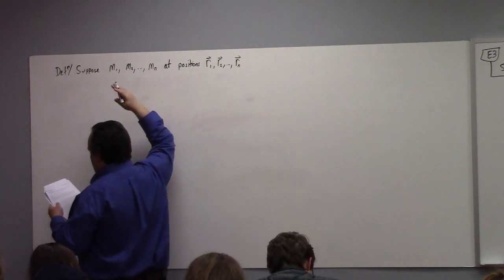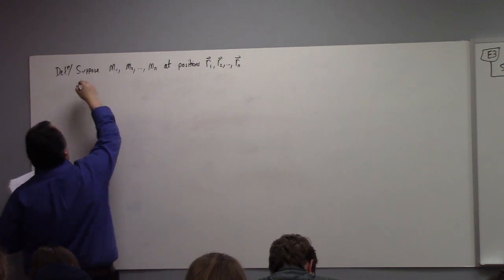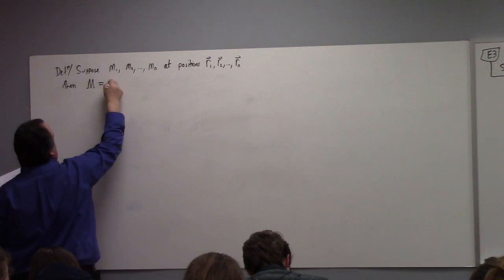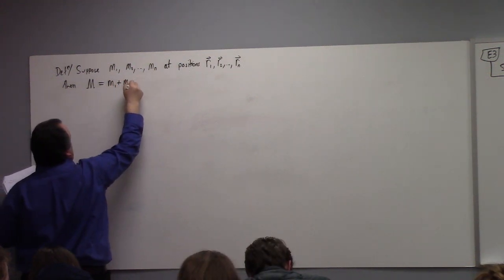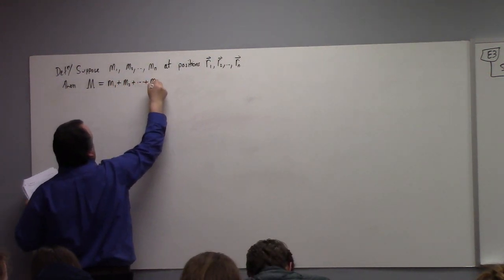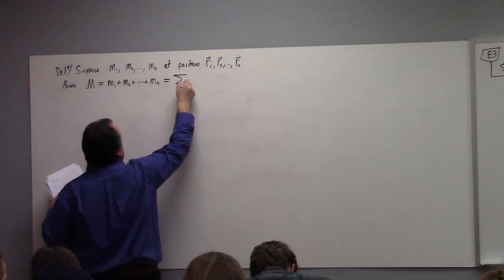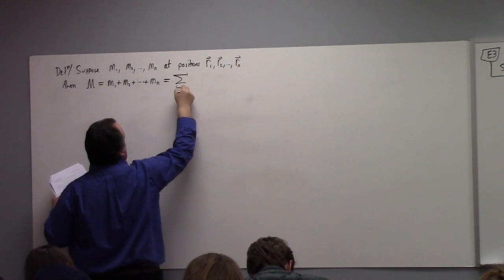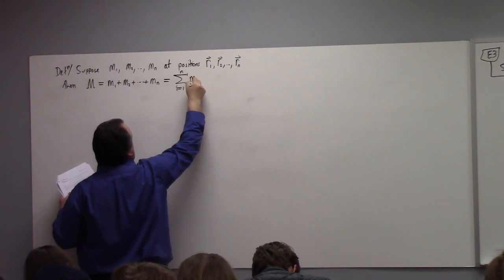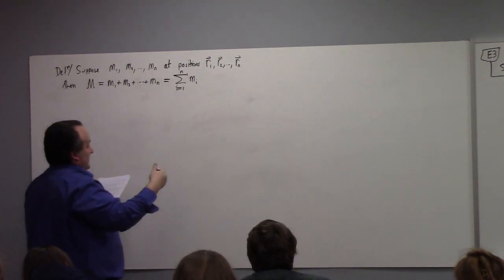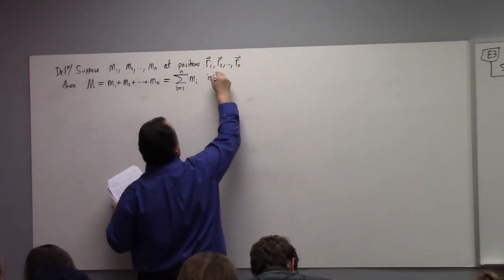So we have n masses at n positions. Then big M we'll define to simply be the sum of the masses, M1 plus M2 plus Mn, which we could write in a better way as the sum from i equals 1 to n of M sub i. That's the total mass of the system.